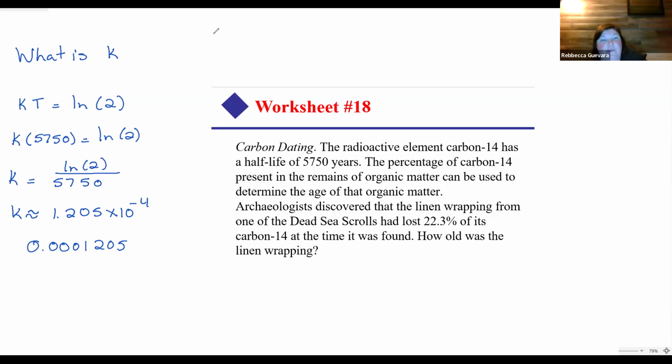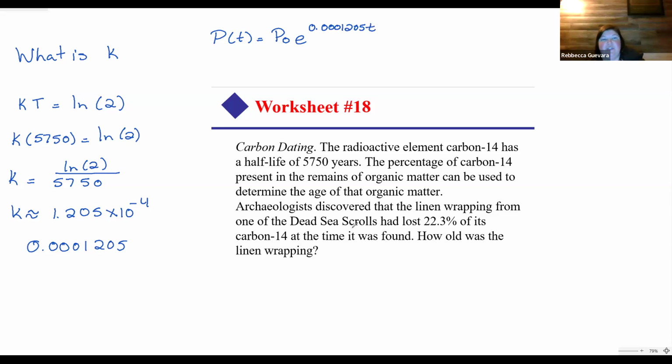Okay, so what my formula is going to be for the decay rate for carbon is P sub t equals P sub naught, we just need to know what P sub naught is, times e to the 0.0001205 t.